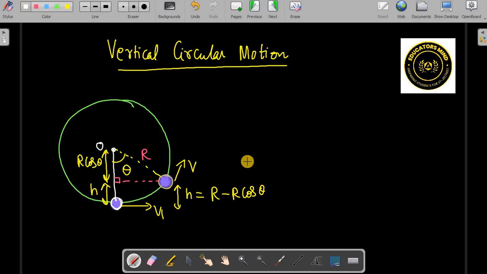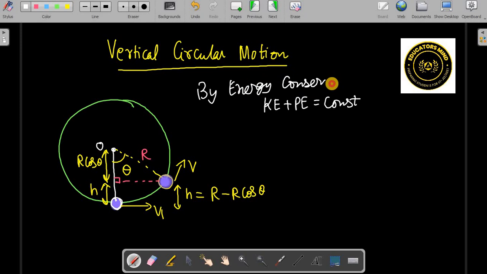Let's apply energy conservation. Kinetic energy plus potential energy remains constant, right? This is energy conservation. Which energy? Here of course mechanical energy. We are not considering any friction or other thing. So kinetic energy at the bottom is half m v1 square, and there is no potential energy at the bottom, that's the reference level, so 0.